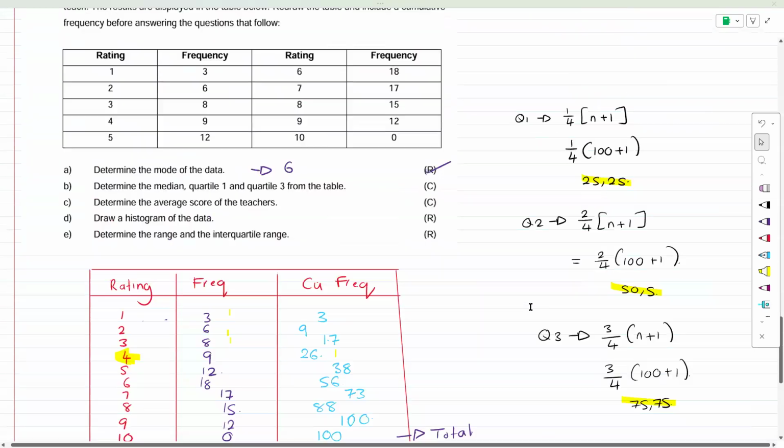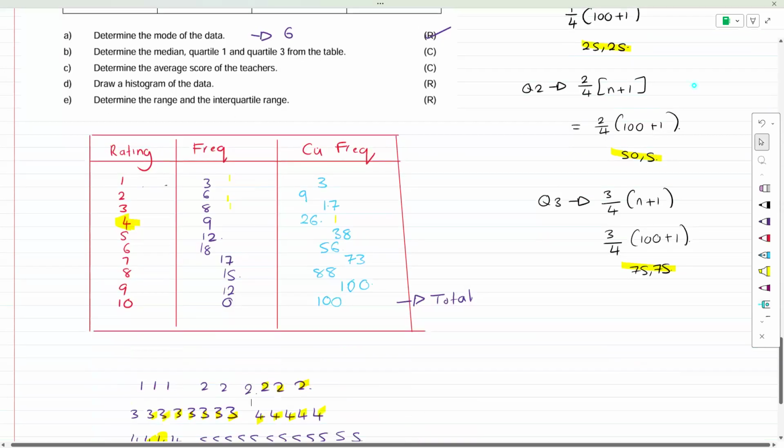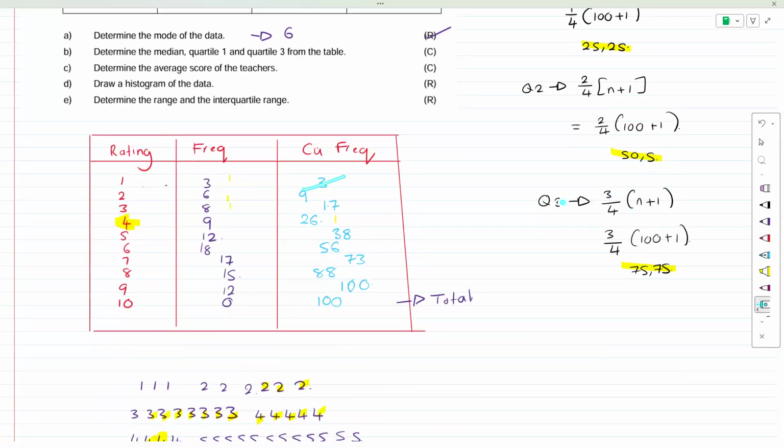Now, the best way to do this is to look at 25.25. 25.25 can't be there, it can't be there, it can't be there. But it can be in 26. So we go one number below. So quartile 1 is here. Let's go with 50.5. 50.5 can't be there. 50.5 can only be here.